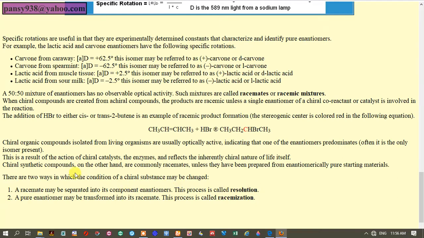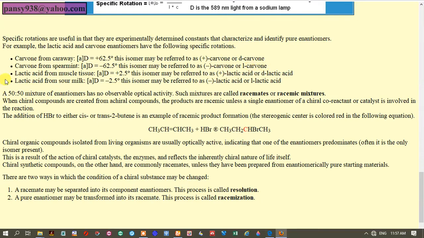For example, carvone from caraway seeds has the optical rotation plus 62.5 degrees, and this isomer may be referred to as plus carvone or D-carvone, while the carvone extracted from spearmint has the optical rotation minus 62.5 degrees, and this is referred to as negative carvone or L-carvone.